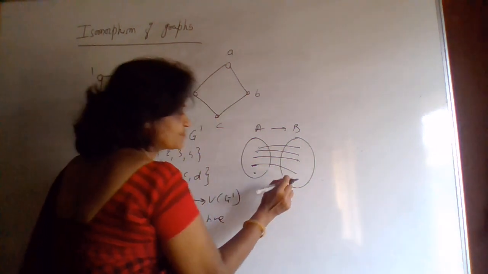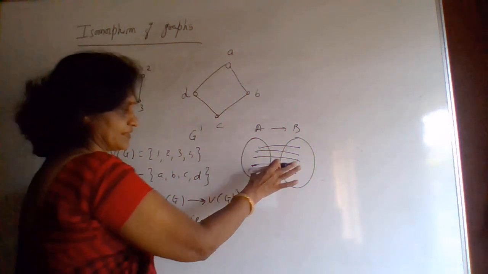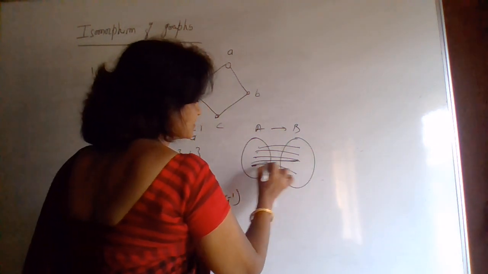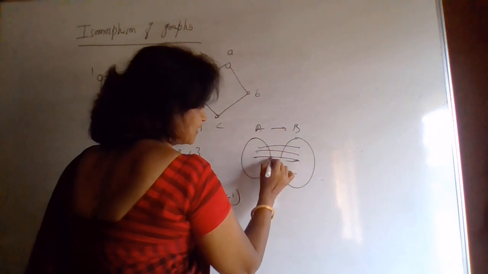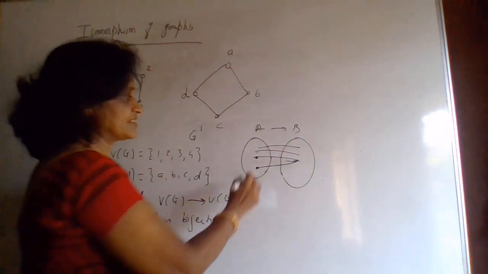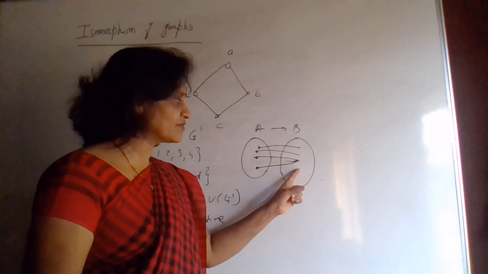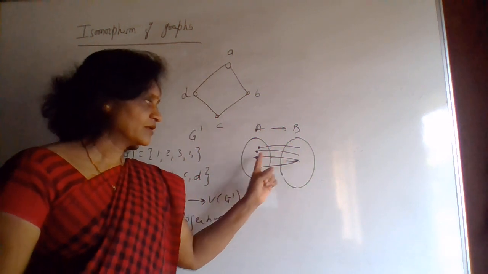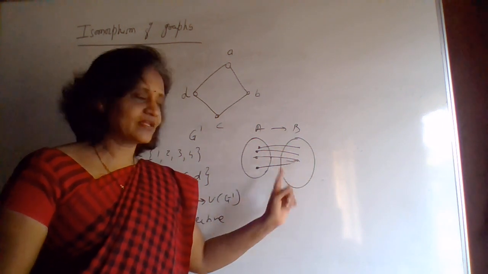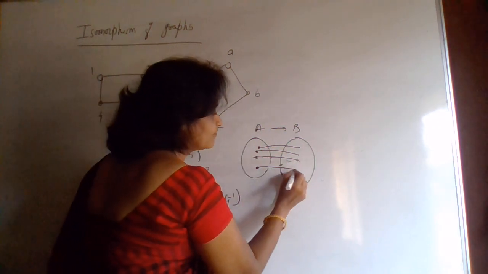And every element must be related. So if we have an element here which is not related to anything, again, that cannot be a function. Then 1-1. If I have this kind of function, look at this. It is a function, because as I said, a function from A to B, every element of A must be related, but there was no condition on B. We can have 2 pre-images for an element of B. It is a function, but in this case it is not 1-1. 1-1 means every element of B must have only one pre-image.